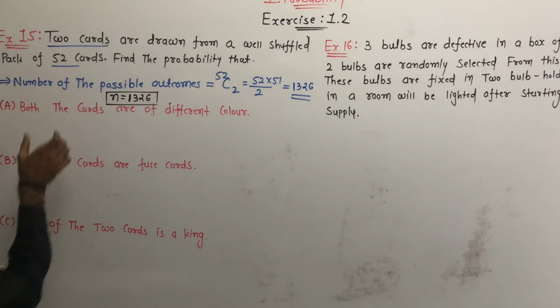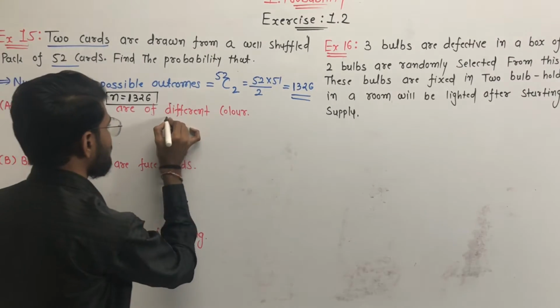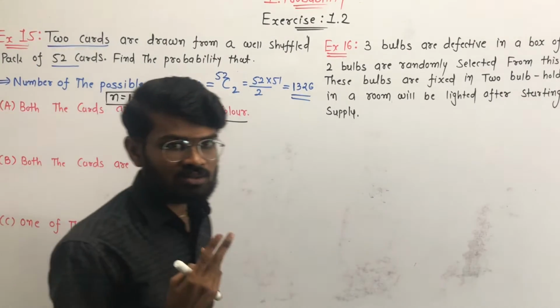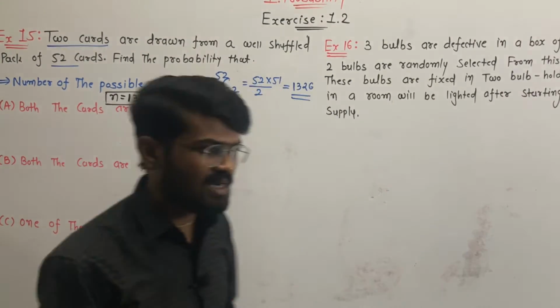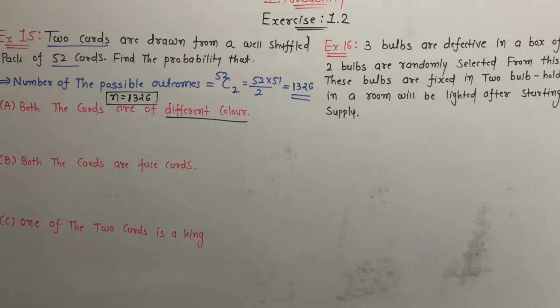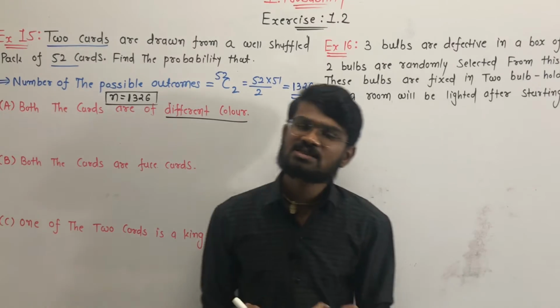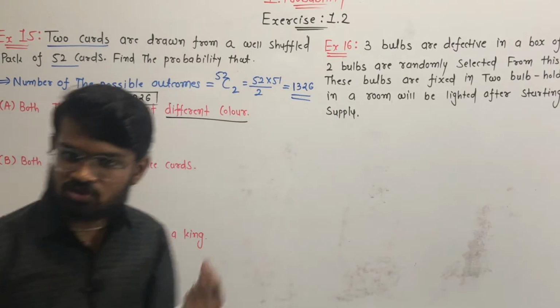Now our event A: both cards are of different color. In 52 cards there are 2 colors, black and red. The number of black cards is 26 and the number of red cards is also 26.